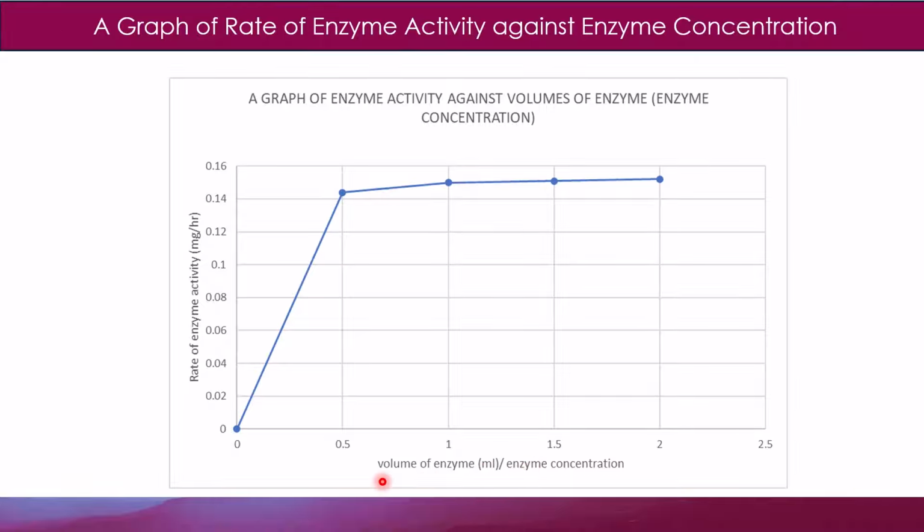And as said earlier, the volumes of enzymes in mil is the same as the enzyme concentration. So if we are to plot our rate of enzyme activity against our enzyme concentration or the varied volumes of enzyme, this is the nature of graph that we are going to get, as seen over here. Thank you.